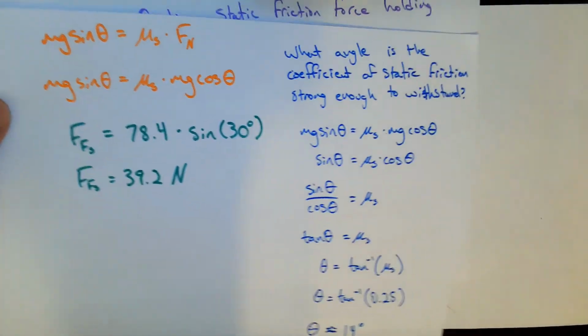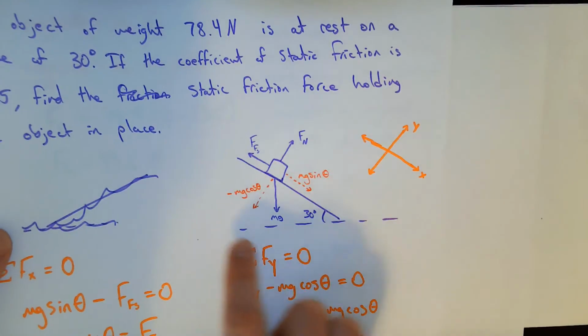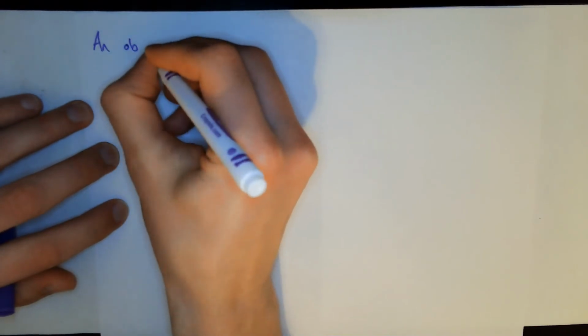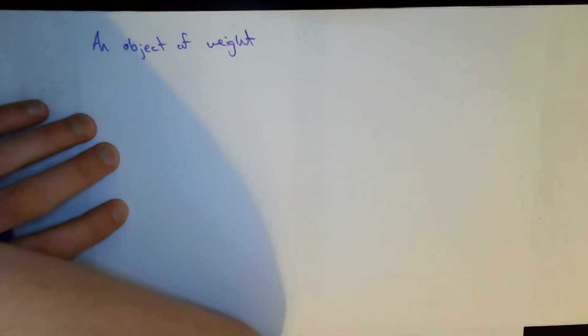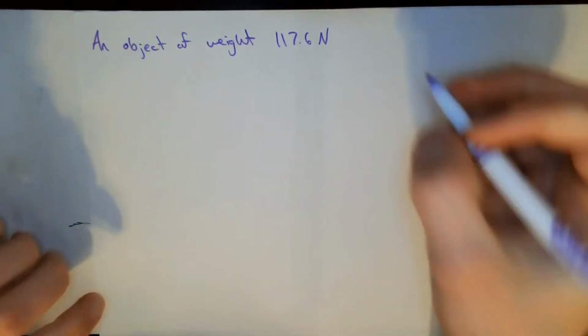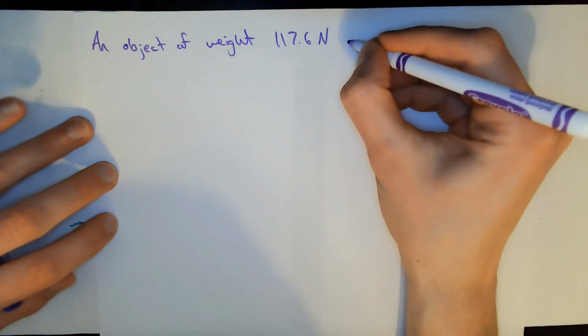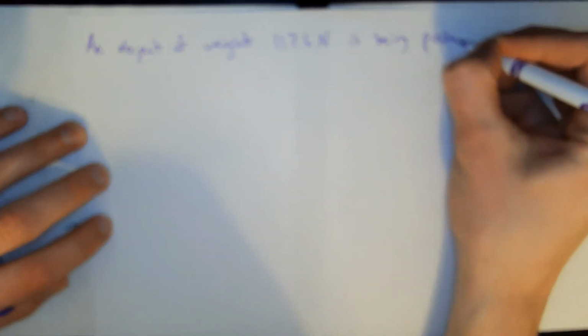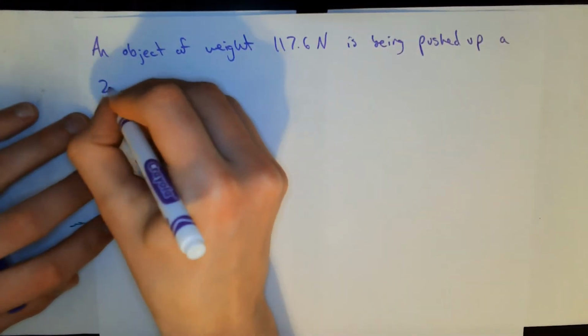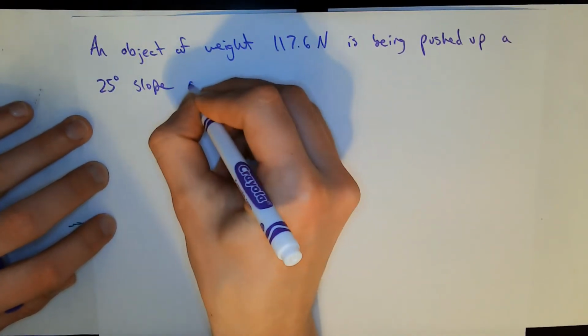Now, this was just an object at rest, right? So let's look at now a similar situation, an object on a slope, moving though, with constant velocity first. So an object of weight 117.6 newtons is being pushed up a 25-degree slope at a constant velocity.